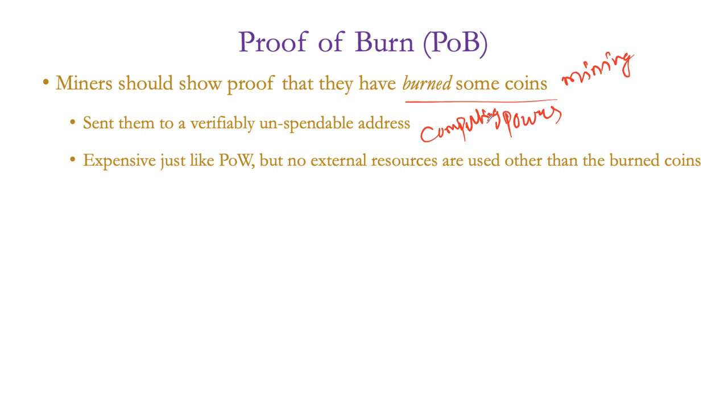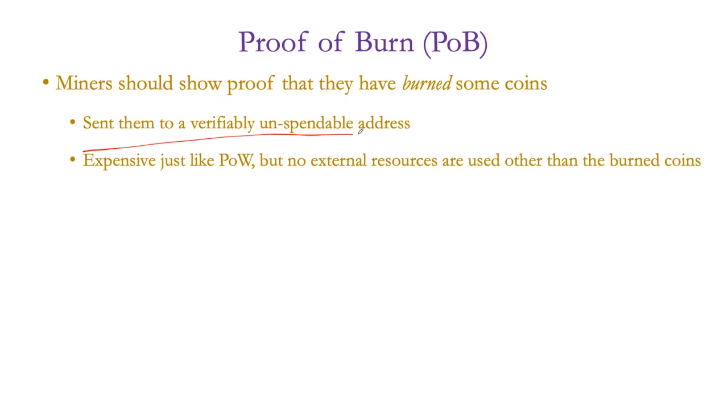Burn means you need to spend some coins, basically some new coins, to become the burner. They should show proof that they have burned some coins by sending them to verifiable unspendable addresses, so that these coins are fixed.